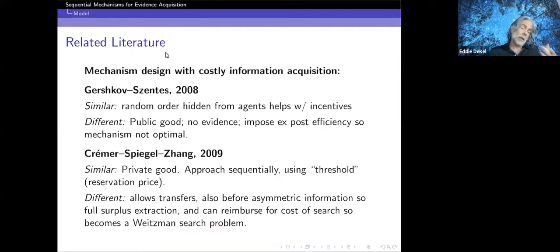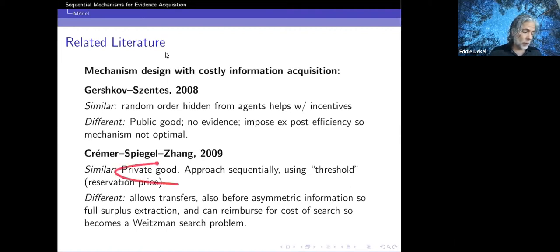It's not trivial to solve, but they solve it for that environment, and then they say that's what we're going to do after we get the money from you. So we're going to allocate efficiently using the Weitzman solution to the search problem, and now bid to us your expected gain from that efficient allocation. Okay, so that's very different from what we're doing.